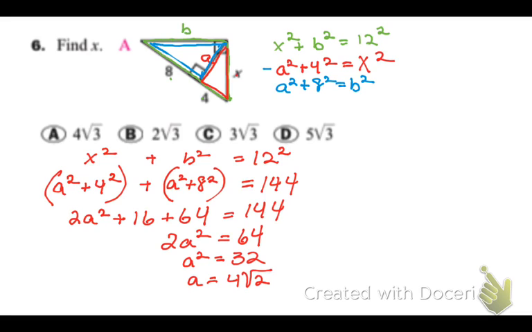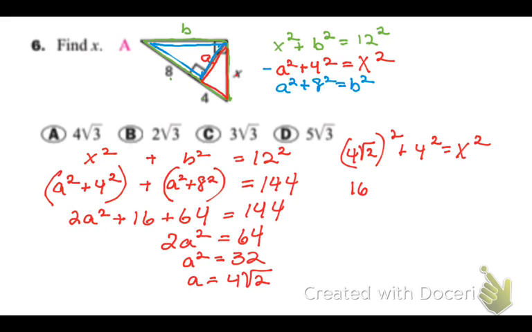And so we plug that back in to the equation for the red triangle. So we're going to have a squared, which is 4 root 2 squared, plus 4 squared is equal to x squared. So 4 root 2 squared, we square the 4 is 16.